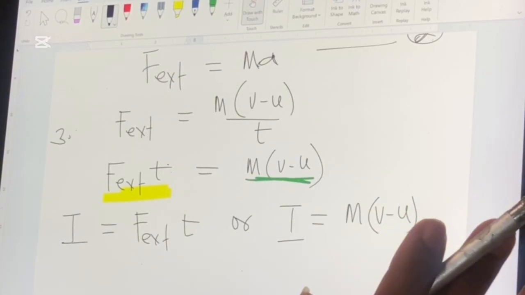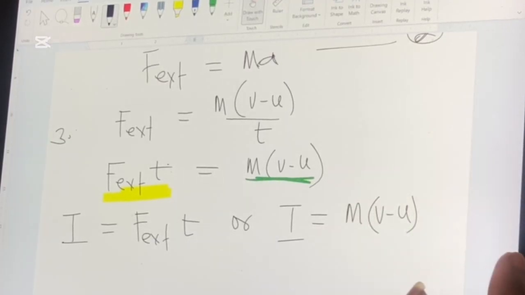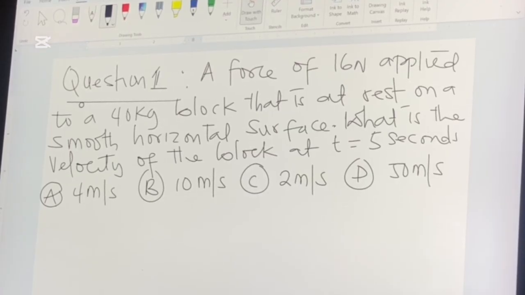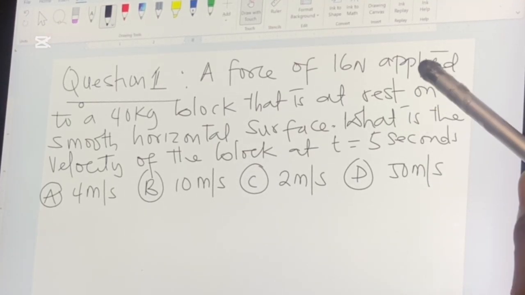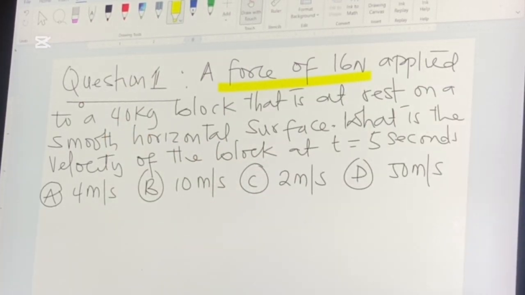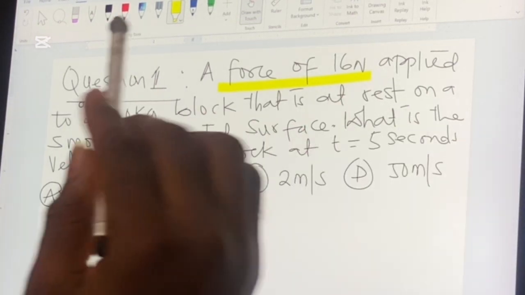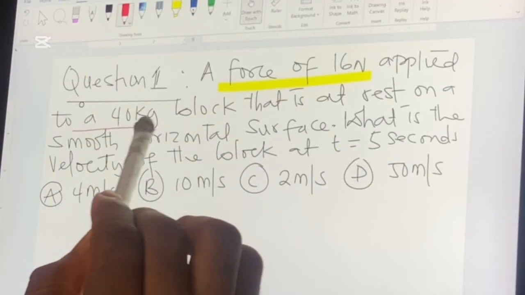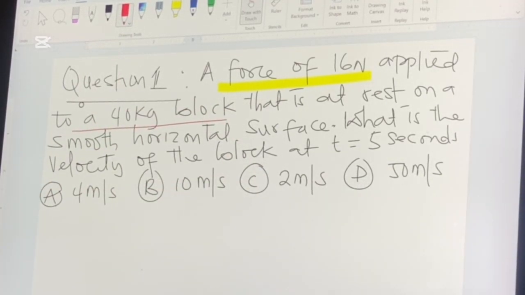So now let's solve a question here to understand these formulas. Please write question 1. But before we solve this question, let's understand the equation perfectly. They said a force of 16 newtons, that is, the force here is 16 newtons, applied to a 40 kg block, that is, the mass is 40 kg, that is at rest.